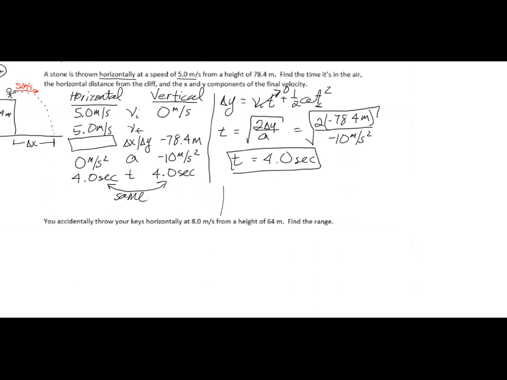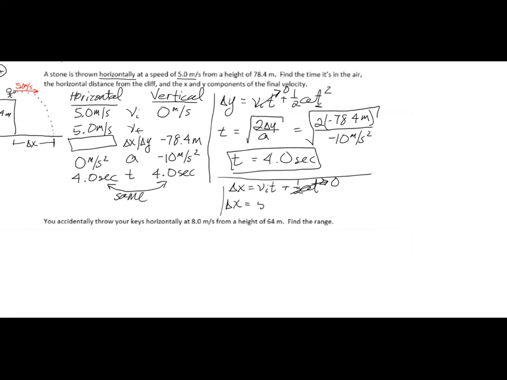Okay, so we can use the same equation that we just used. So we're going to use delta x equals vi times t plus 1/2 at squared. Now, acceleration is 0, so that goes away, and you're left with this very simple equation. We want to find delta x.